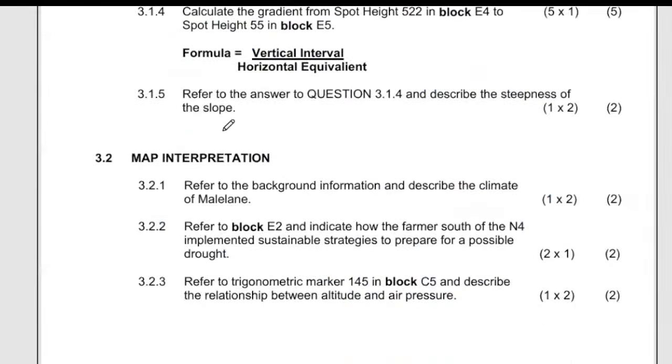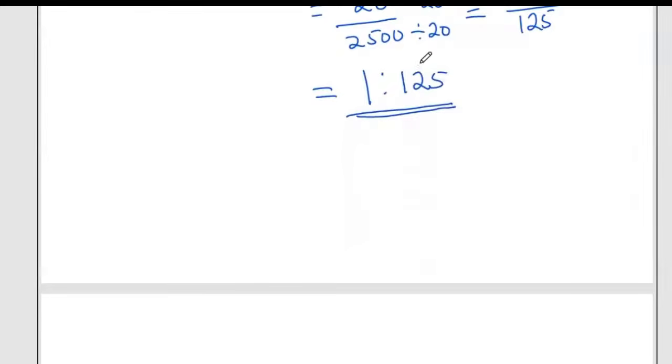Right. Then it says refer to the answer and describe the steepness of the slope. How do you describe the steepness of the slope? If you want to describe the steepness of the slope, the meaning of this is, if you are to use a triangle, we are saying this is your vertical interval, this is your horizontal equivalence. If you are to use this illustration here, right.